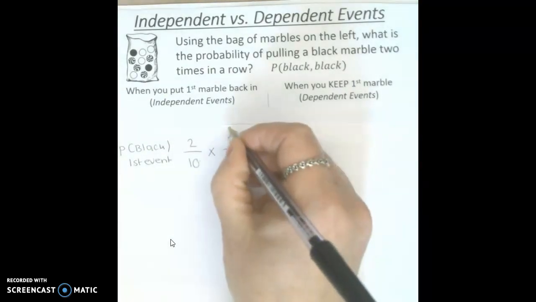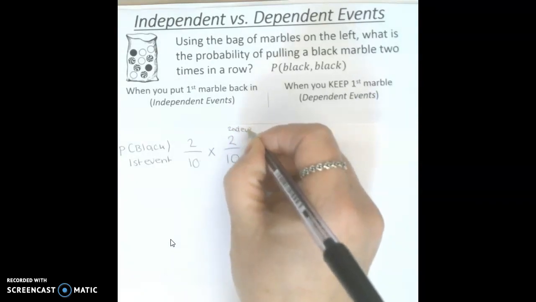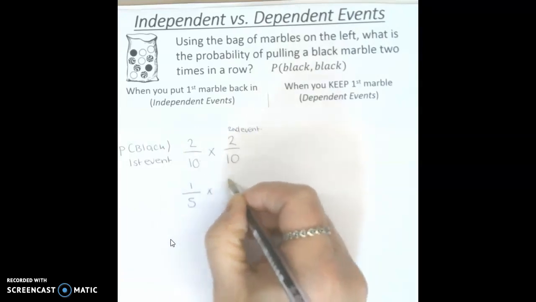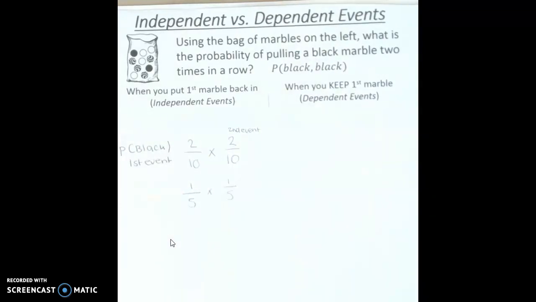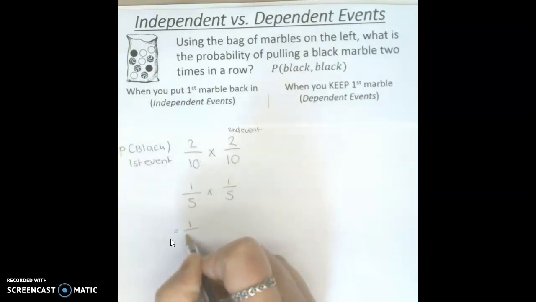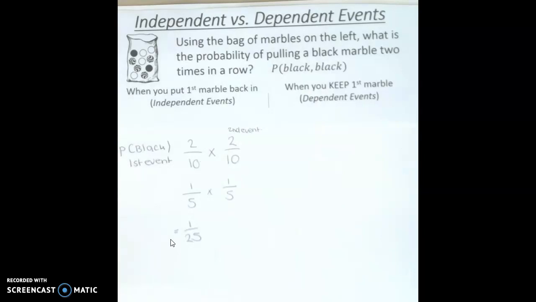And this is your second event. And that can be simplified to 1/5 times 1/5. And that equals 1/25. So the probability of picking out a black and a black marble in an independent event is 1 out of 25.